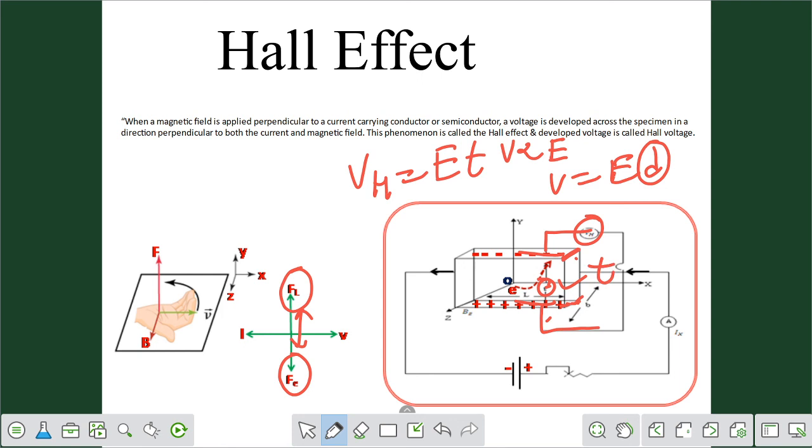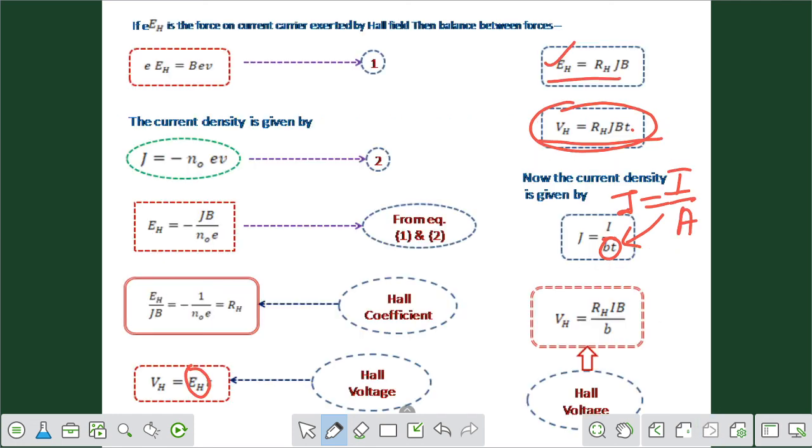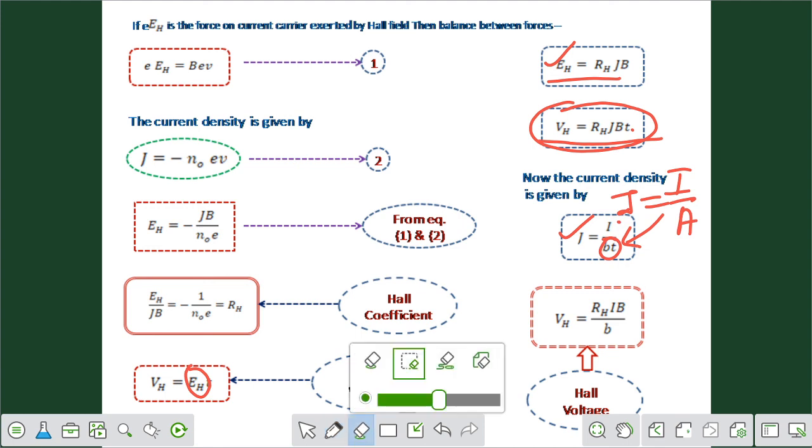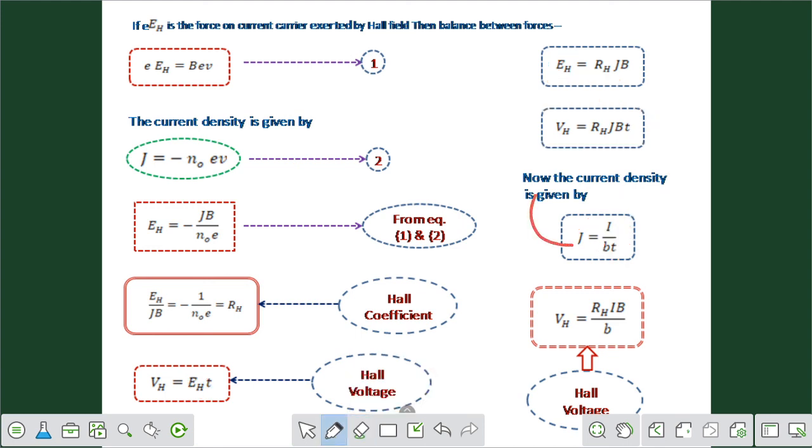So t is the separation between the charge plates, and the width of the plates is small b. That's why I am taking b t. So J is equal to I upon b t, and that J is put in that equation.